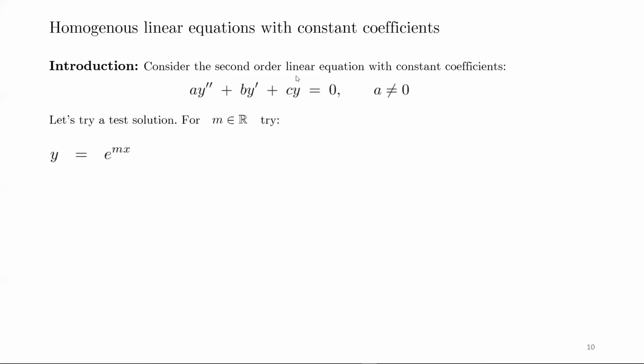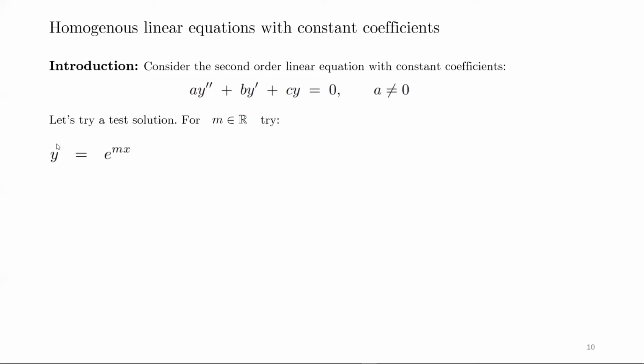We want functions that will be the same type when we take the derivative, and even the second derivative. The exponential satisfies that property: every time we take a derivative of the exponential, we still get this term e to the mx back, where m is just some constant and x is the independent variable.